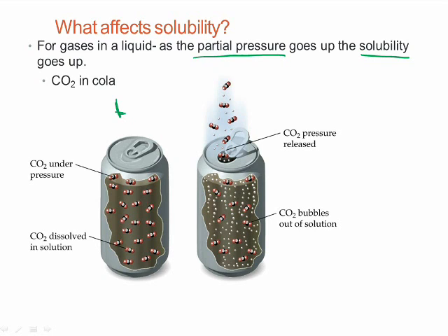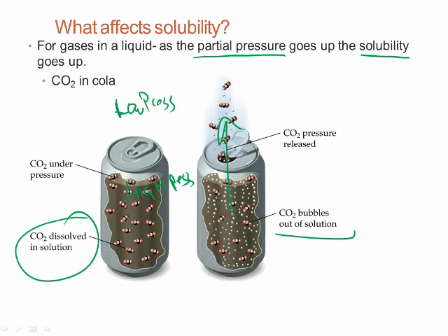We have low pressure outside relative to the high pressure inside, and that lowers the solubility of carbon dioxide, which was dissolved in solution. Once that pressure is gone, the CO2 bubbles come out of solution. That's why we get that fizz that makes drinking cola so enjoyable.